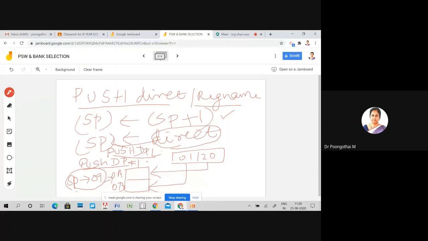So next step is transferring the data from register to stack. The first data is fetched from DPL. So this 20 is added into the stack memory location. Next, your stack pointer is incremented by 1 and DPH is pushed into the stack.